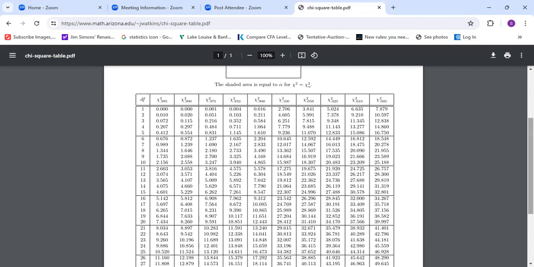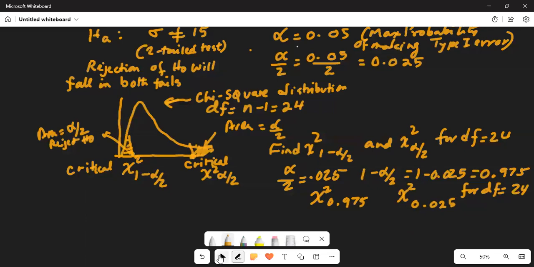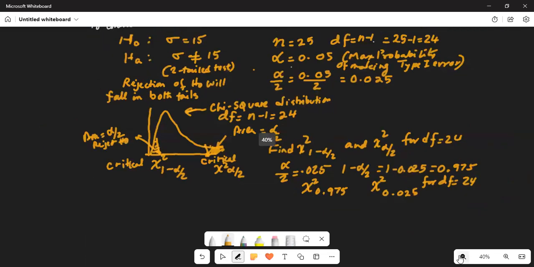Now, let me go back to my layers. Okay, and so if I reduce this a little bit, my chi-square from the table, chi-square 0.975 is equal to 13.848, and with 24 degrees of freedom is 13.848.